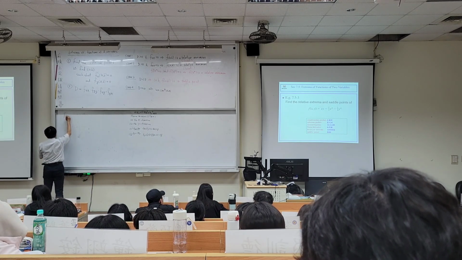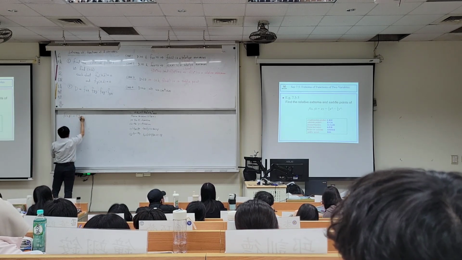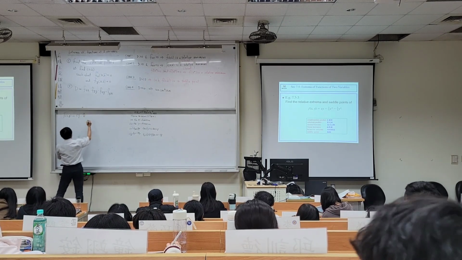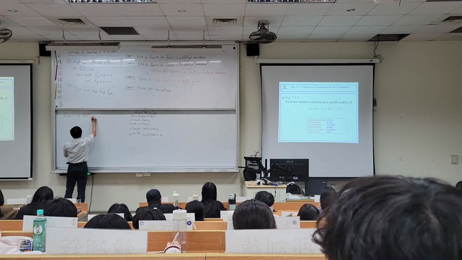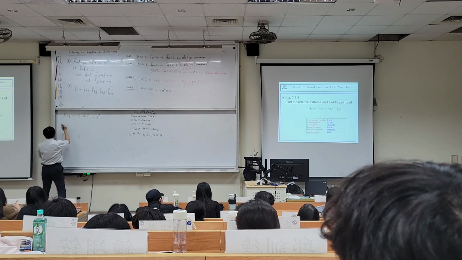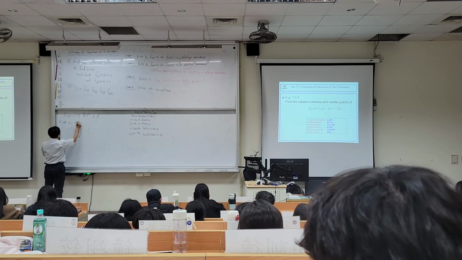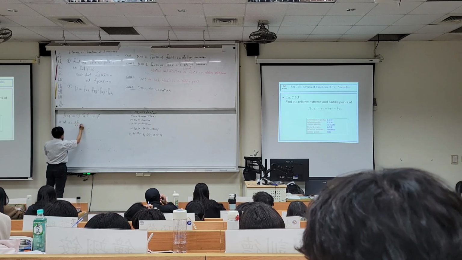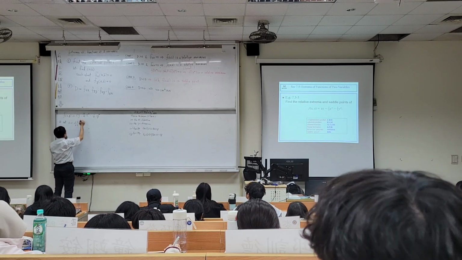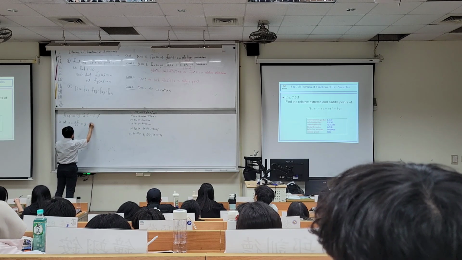Okay, so f of x,y is equal to xy minus 1/4 x to the 4th power minus 1/4 y to the 4th power. First of all, set the partial derivatives equal to 0. For f sub x, you get y minus x cubed.